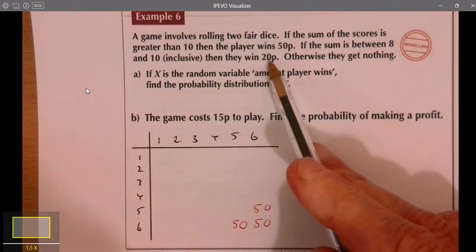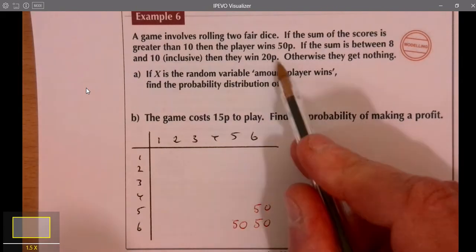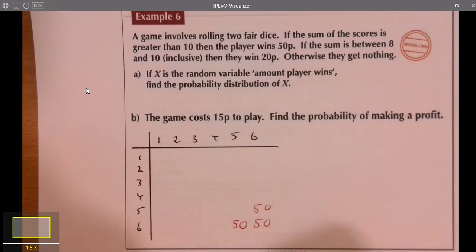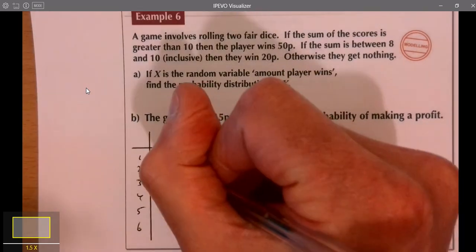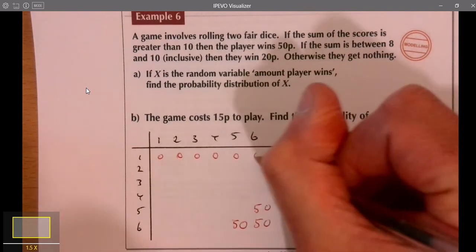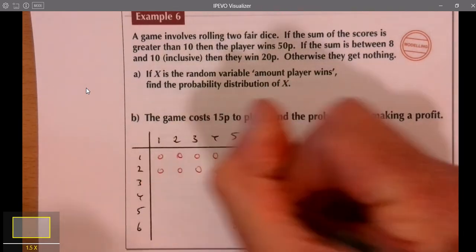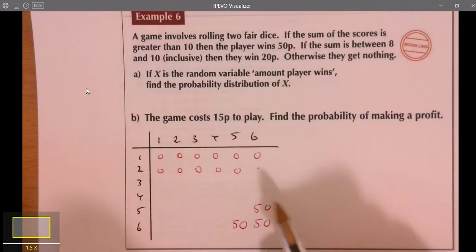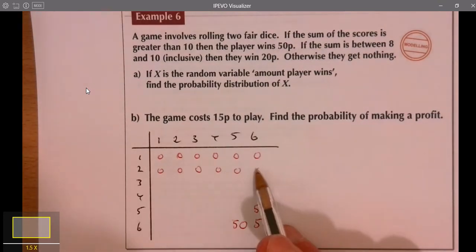Where do we get 20 pence? So 20 pence if it's between 8 and 10. Otherwise they get nothing at all. So 0, 0, 0, 0, 0, 0, 0, 0, 0. So this is how much you're winning from the game. Oh, wait a minute. Nearly put that down then. So that's an 8.